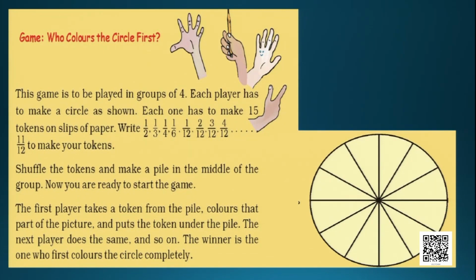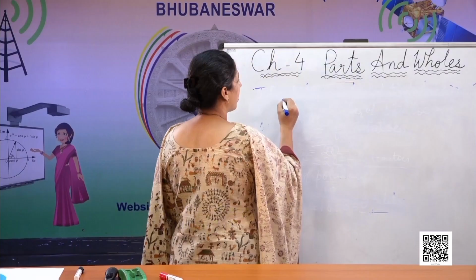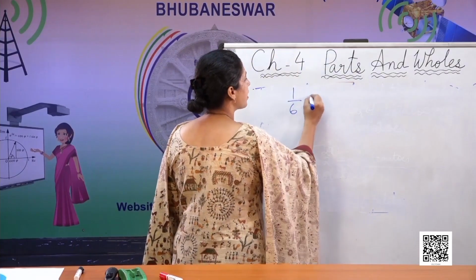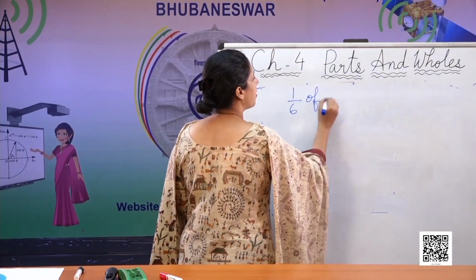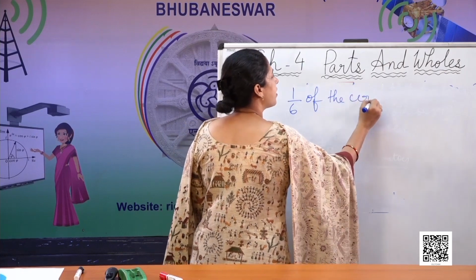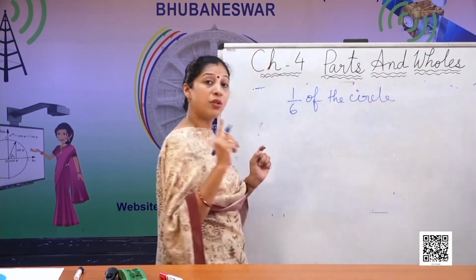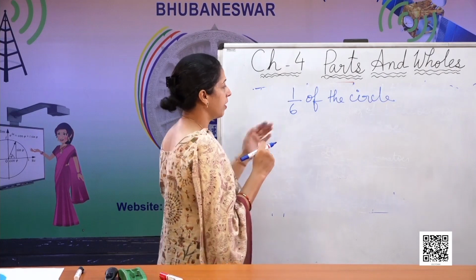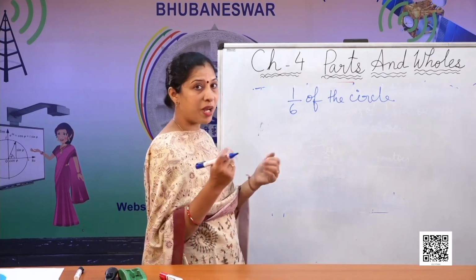Now, if your friend has got 1 by 6 and you have divided the circle into 12 parts, your friend has to color 1 by 6 part of the circle, and the circle is divided into 12 parts. So how will we do it? It is written 6. There are no 12 parts.